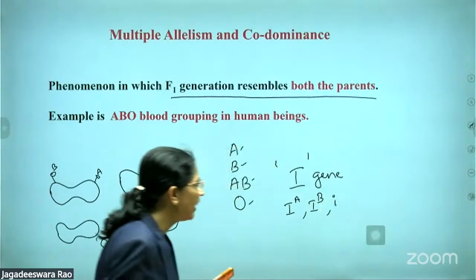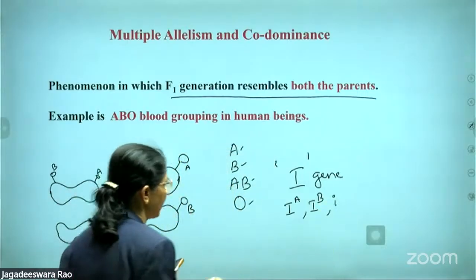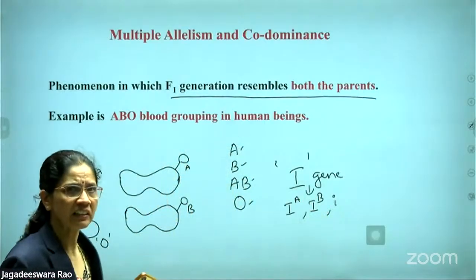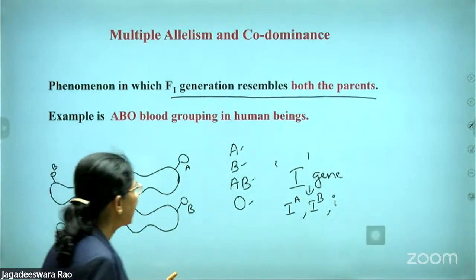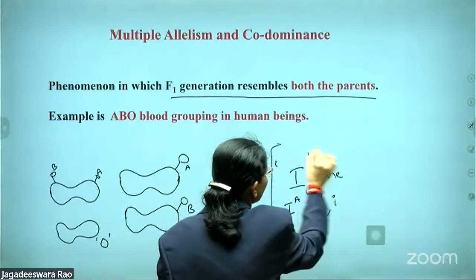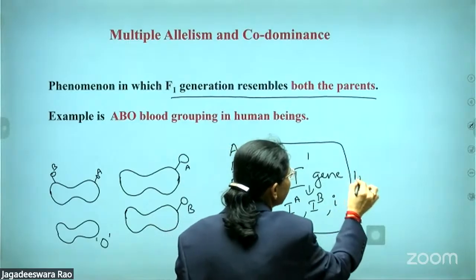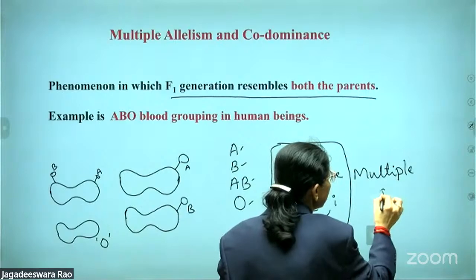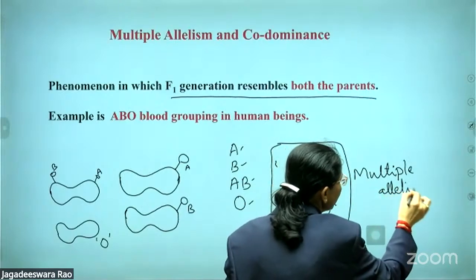These are the three alleles of the gene I. Can you understand how many alleles there are? Three alleles. Isn't it more than two? So three alleles are present for the I gene, and this I gene shows multiple allelism. Are you able to follow me?